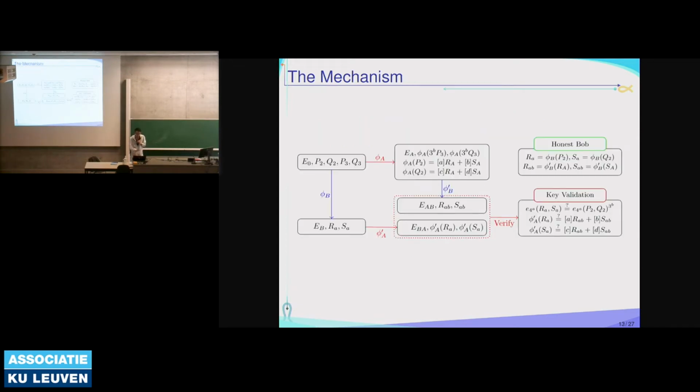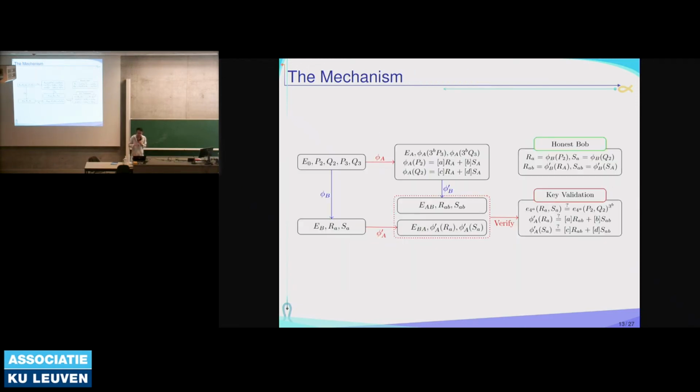So this is the mechanism they construct. The left-hand side part is quite similar to the SIDH key exchange, and they construct a mechanism they call the key validation mechanism, and this is just used to check the commutativity we just mentioned. And we will explain their scheme a bit later.